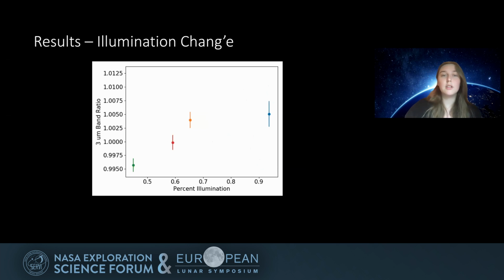So we took a look at how this 3 micron band changes at different illuminations. As you can see, at the higher illuminations, we see a higher 3 micron band ratio, which would mean no or less water. And then as we go to lower percent illuminations, or deeper into eclipse with lower temperatures, we see a lower 3 micron band ratio, which would indicate more hydration.